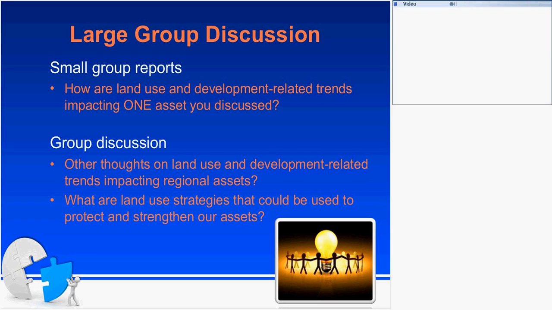And this is just a way of opening up the discussion and making the connection between the things that you've identified as strengths in your region and generally the types of actions you could take in the land use toolbox to support those assets. And there is an instructor's guide for this activity that provides some prompts to further the discussion if needed.